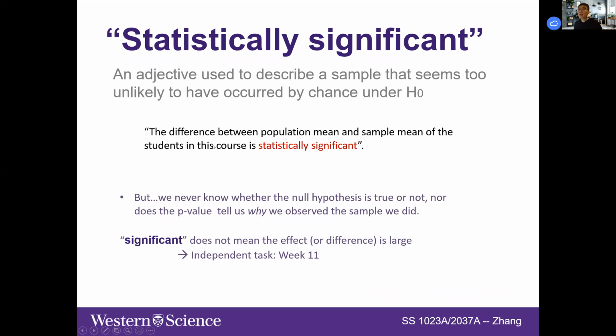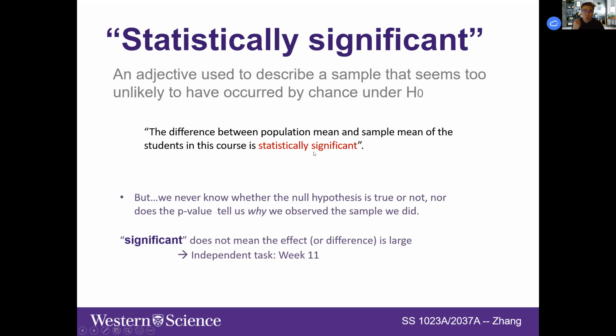So if our p-value is smaller than 0.05, then we can use the phrase statistically significant to describe our conclusion. For example, in our case, we will say the difference between the population mean and the sample mean is statistically significant.